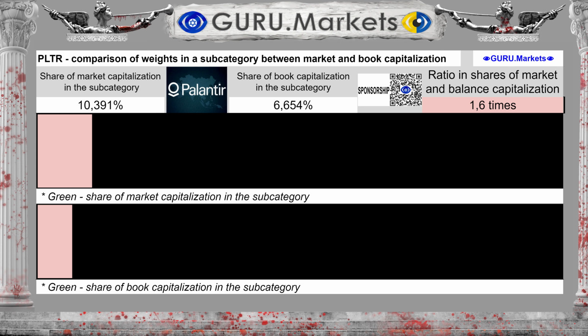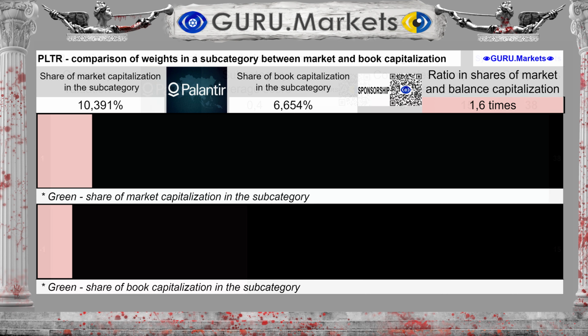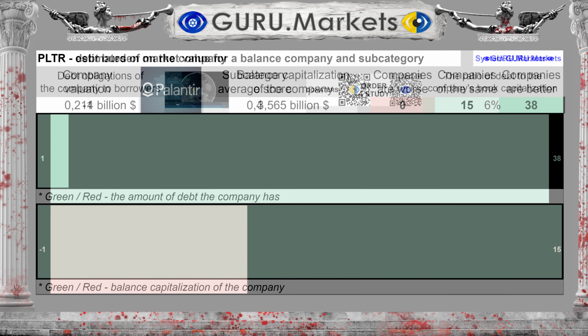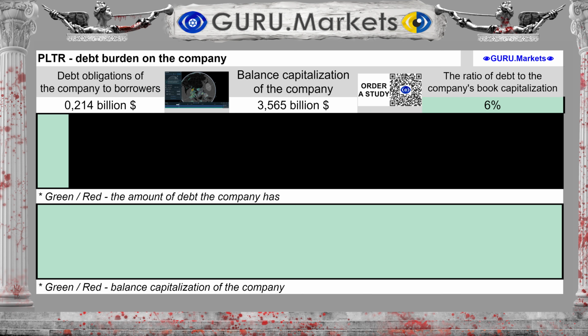The balance sheet capitalization is 6.654%. This is 36% less than the share of market value. Assessment of the organization's share of the market and book value of the subcategory: bad, -1 point.